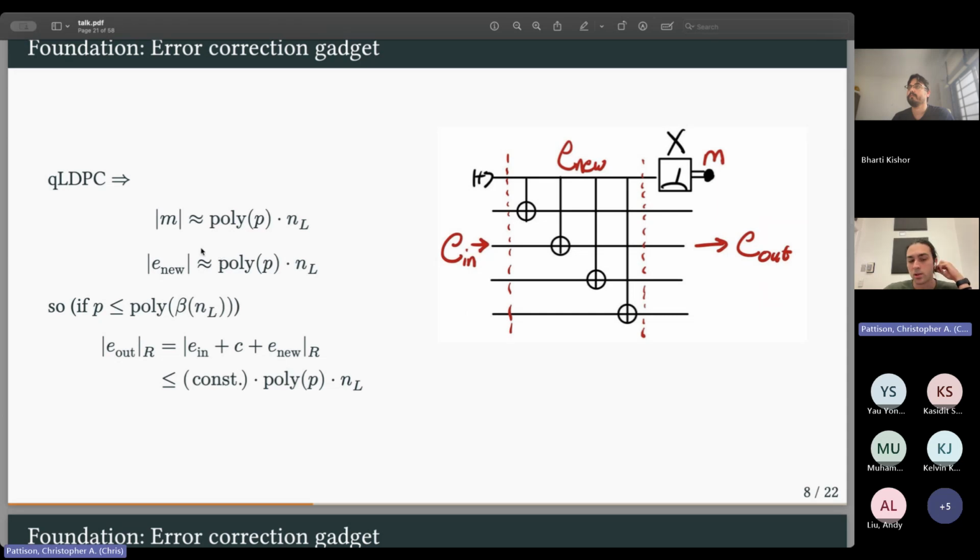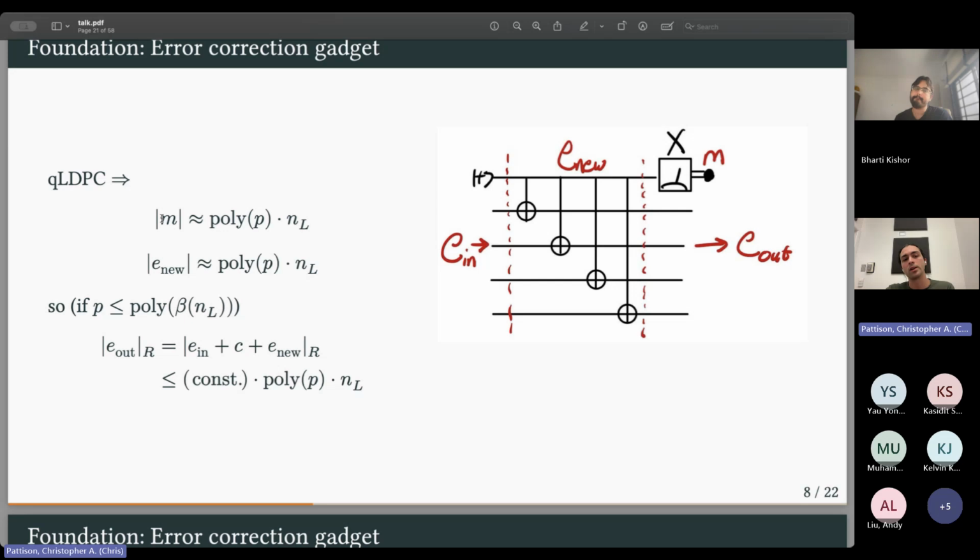Since our code is LDPC, we can measure all the checks of the code in constant depth, and each check is only of constant size. Each data qubit only participates in a constant number of checks. So the amount of error that's introduced is very well controlled, and the measurement errors as well.